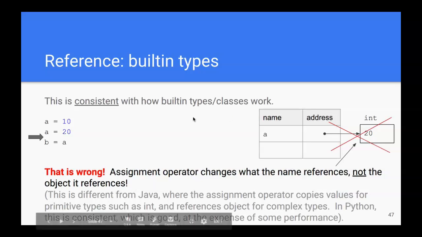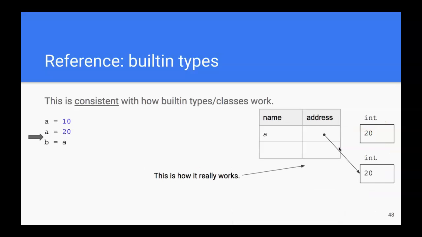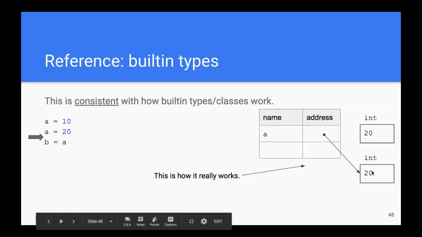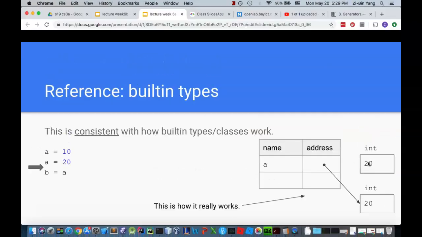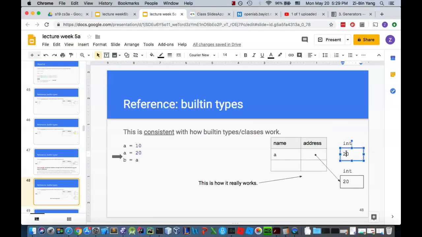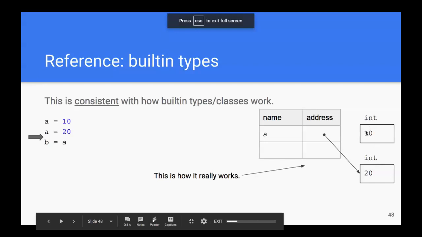So what really happens when we assign 20 to a? Well, this is what happens. A new instance of an integer is created. That new instance, or that new object of int, is going to hold the value 20. And a used to point to an instance of int that holds the value 10, but now a points to an instance of int that holds the value 20.